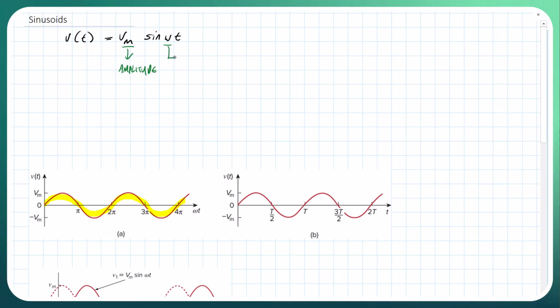Our omega is going to be our angular frequency, and this is going to be in radians per second. And then our omega t together is going to be the argument we put into the sinusoid.